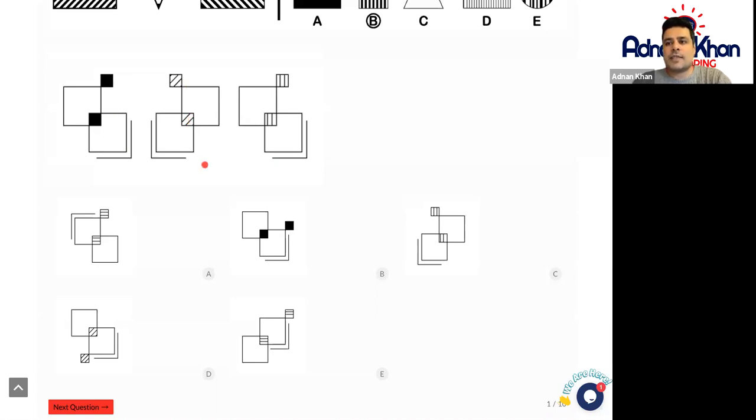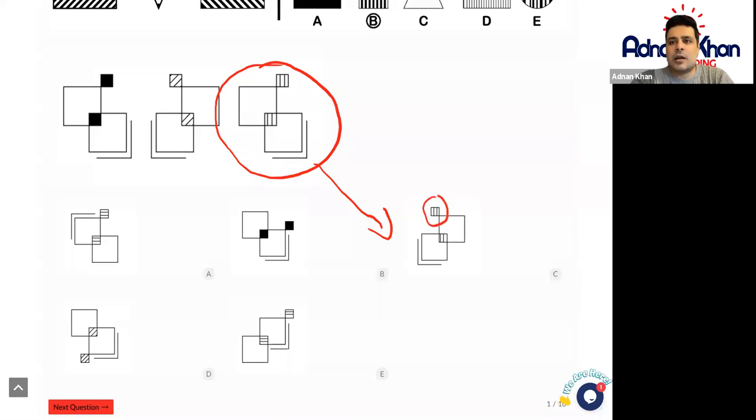So if you look at option C here, now let's compare this to the figure on top. We're going to decide if A, B, C, D, or E match this particular figure. If you look at this particular figure here, which is C, we can see that the shadings are the same.